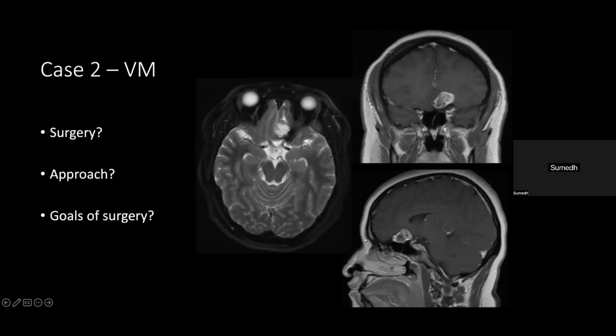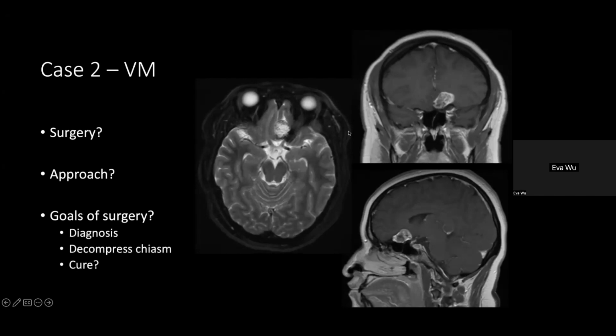You could maybe even do a subfrontal, basically with an eyebrow incision, and come underneath the frontal lobe. I would probably more so go with a pterional for this one. And then I guess the goal of surgery would be to decompress the optic apparatus. So that's why I'd probably go with the pterional for this.